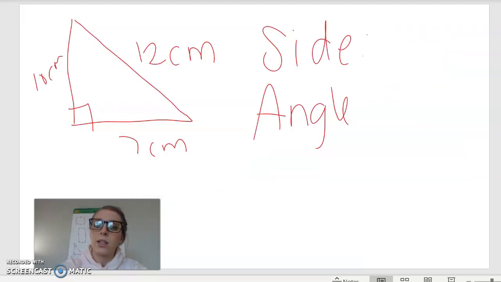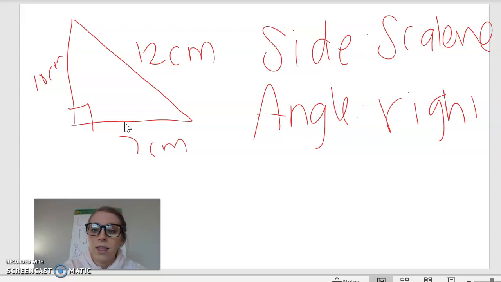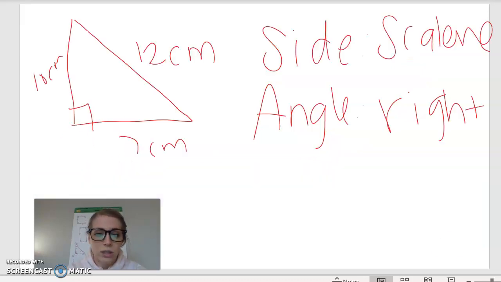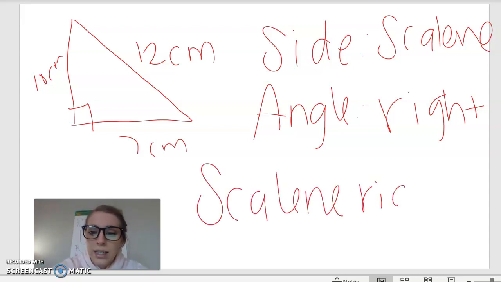So my side is going to be scalene, and my angle is going to be a right angle, because I go back to my angle classifications and I see there, if there's a square, if it's completely straight up and down, that's 90 degrees, and that's known as a right triangle. So if I were saying this out loud, I would call it a scalene right triangle.